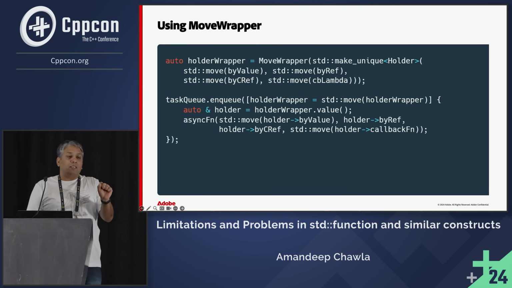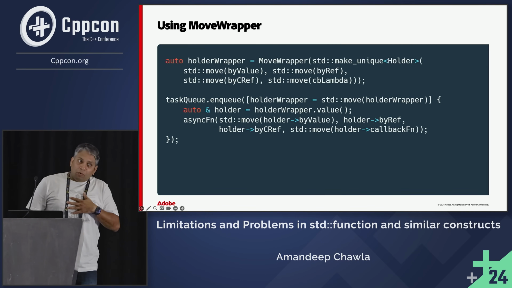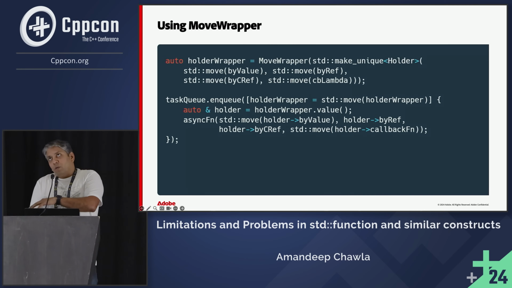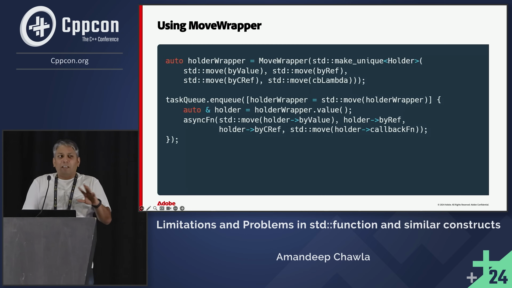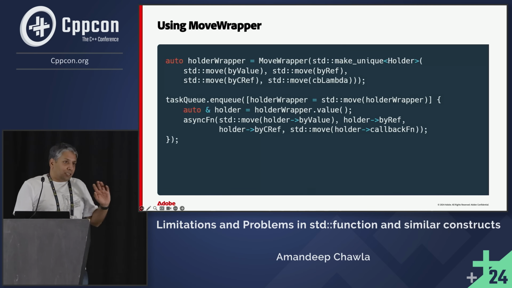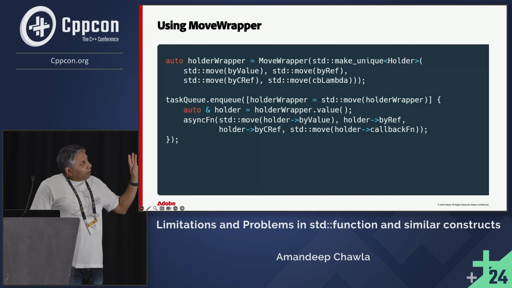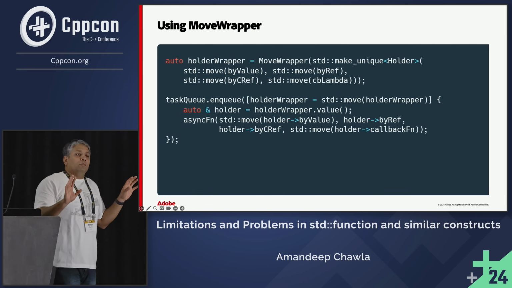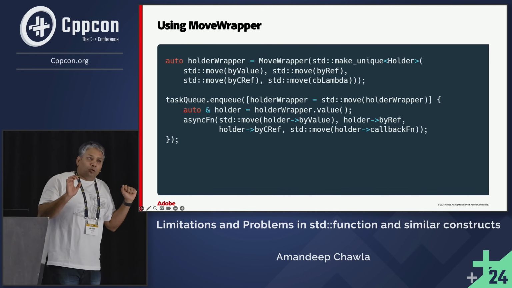But you are right. That's why I said MoveWrapper, I was not happy with it when I wrote it. And then I somehow found that Folly has it. I was a little bit satisfied. Okay, someone else is also using it and there's a use case for it. But still, I keep it very hidden, put it in a namespace, with a warning like not to be used always.